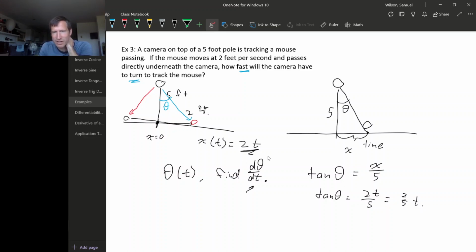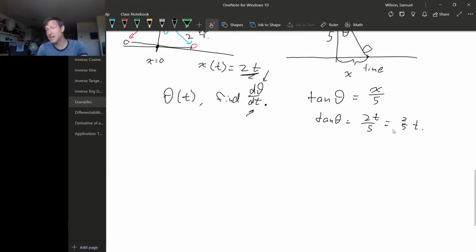But since we want to know the rate of change of theta, we should solve this for theta so that we can differentiate it. So take inverse tangent on both sides. We get theta equals inverse tangent of 2/5 t. Now that we have an explicit formula for theta, we're ready to differentiate.